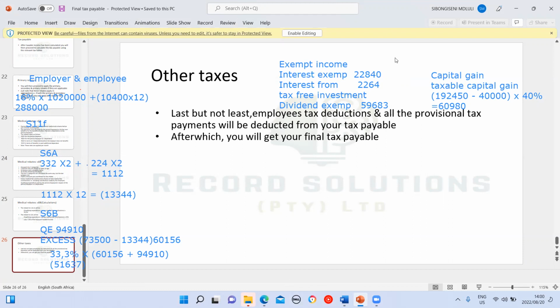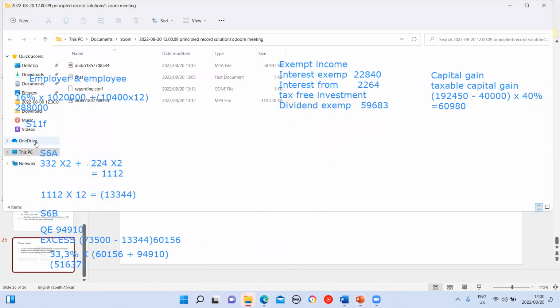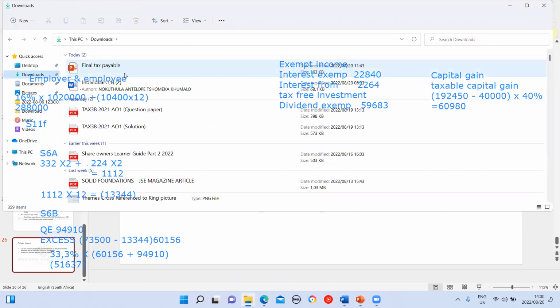So I don't know if you guys have a good memory, but I'm gonna check something here on the solution.